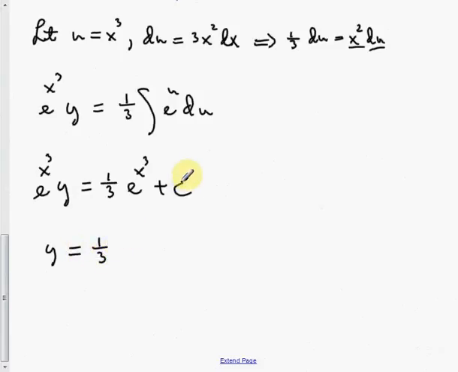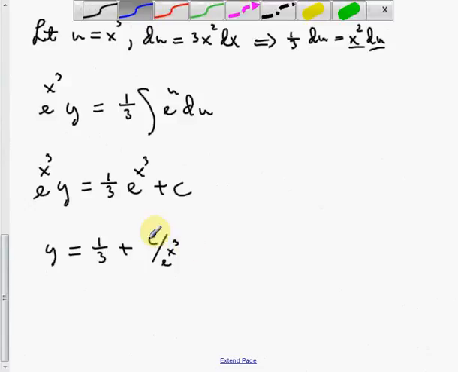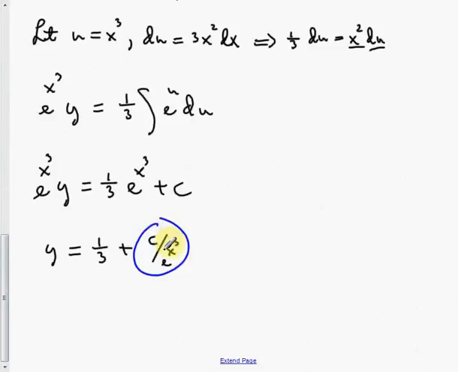Notice if you had thrown away this constant c, you would think your answer is just y equal to 1/3, which is not the case. It's more than that. Plus, here's the big part of it, c divided by e to the x cubed. And again, this is your transient part, and it exists on all real numbers.